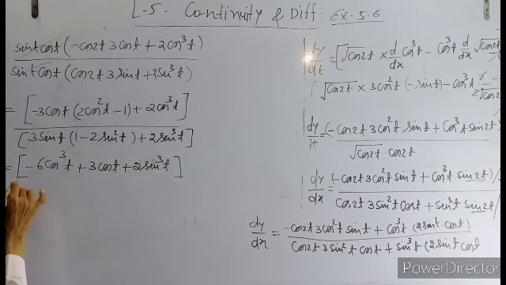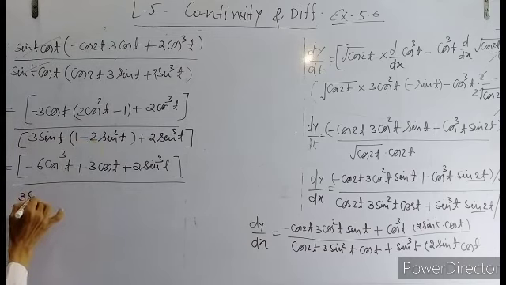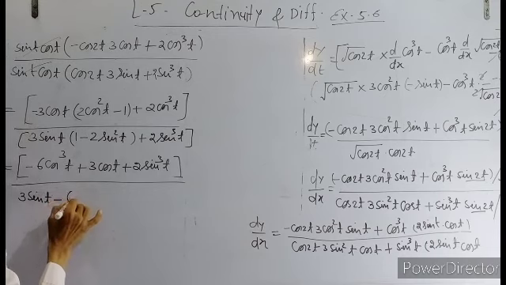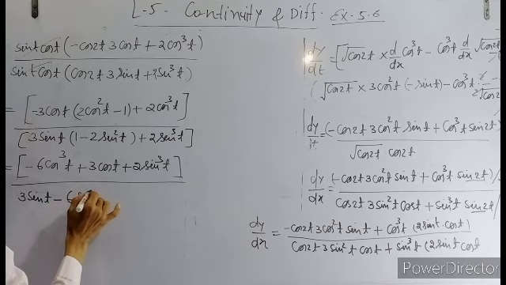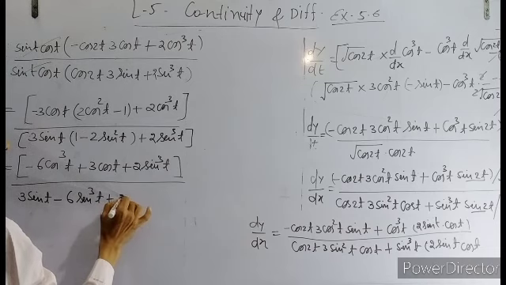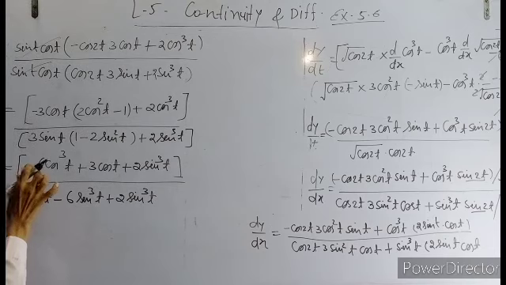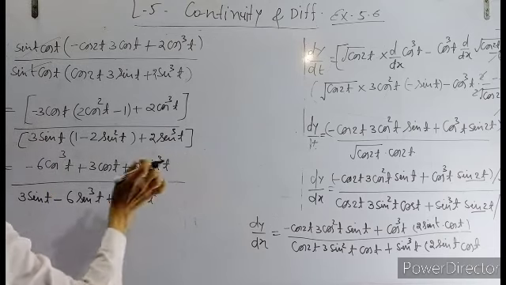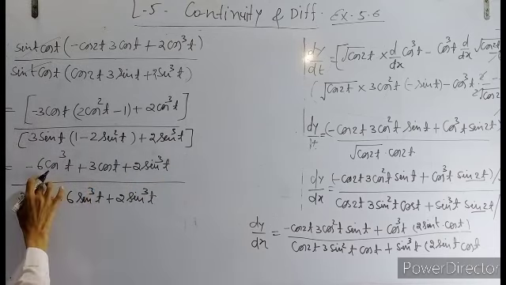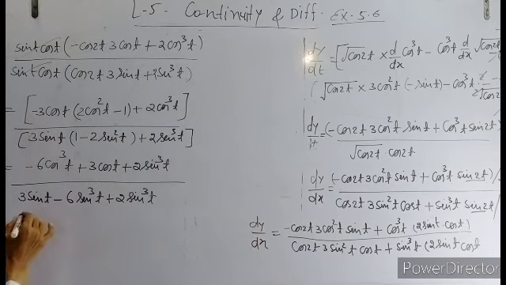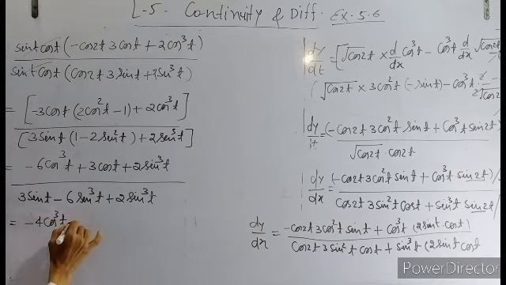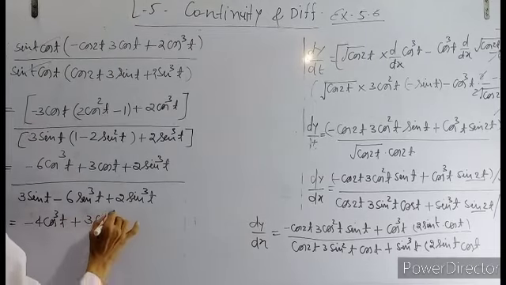Similarly for the denominator also, multiply this one: 3 sin t minus 6 sin cube t plus 2 sin cube t. Okay, there is no need for the bracket. Just simplify. You can observe these terms are the same, so we can reduce. How much will come? Minus 4 cos cube t plus 3 cos t.